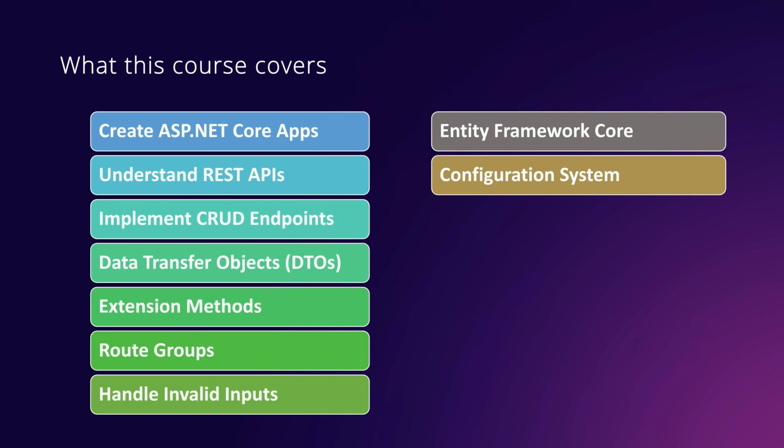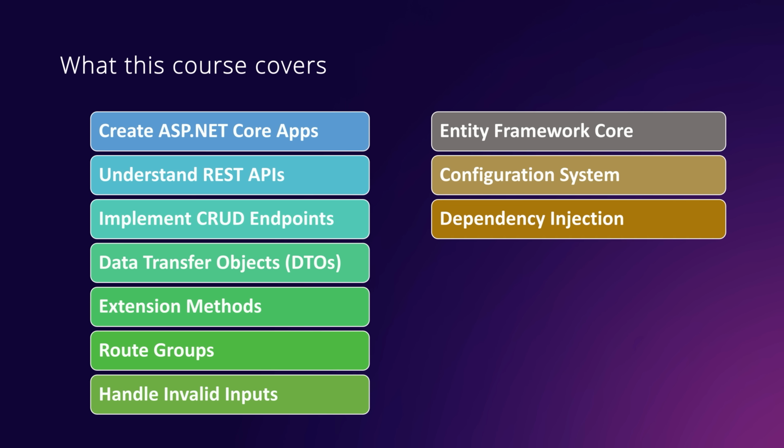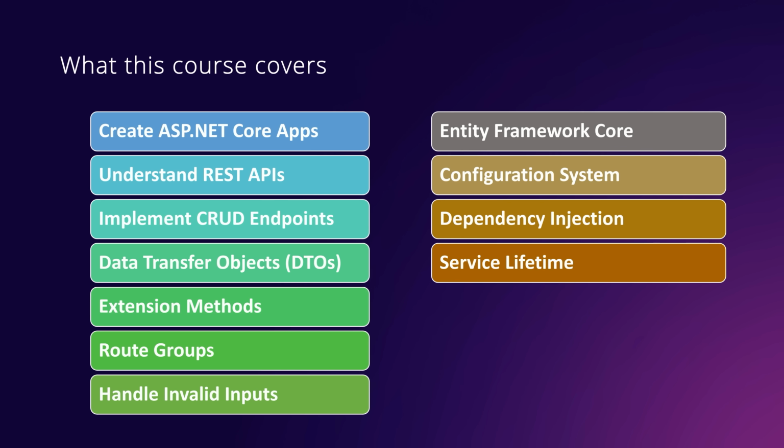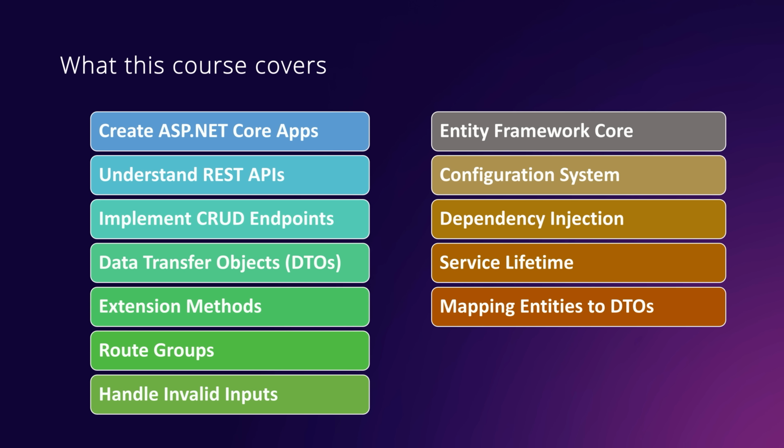Next, you will explore in detail the dependency injection design pattern and how service lifetimes work in ASP.NET Core applications. You will also learn here how to properly map your entities to DTOs to ensure you maintain the data contract with your frontend while keeping a flexible data model.